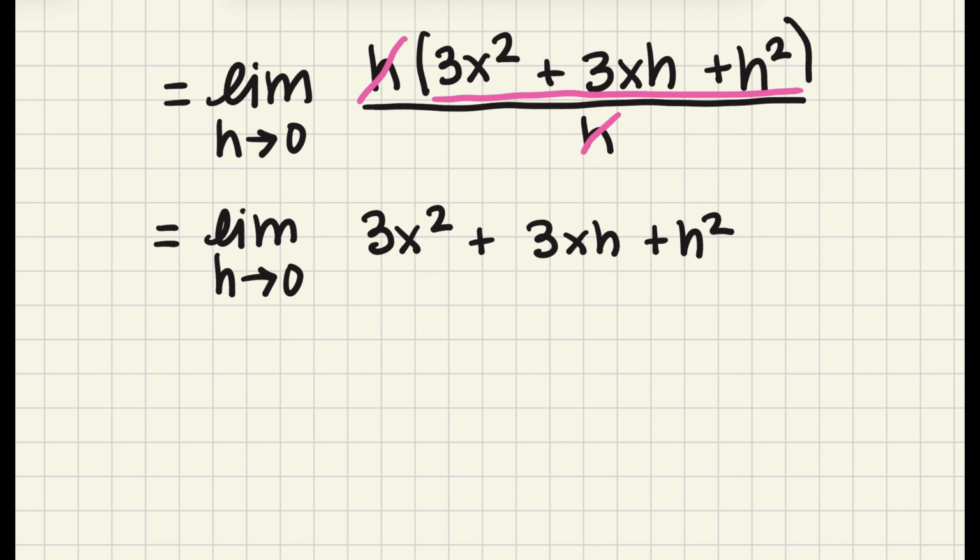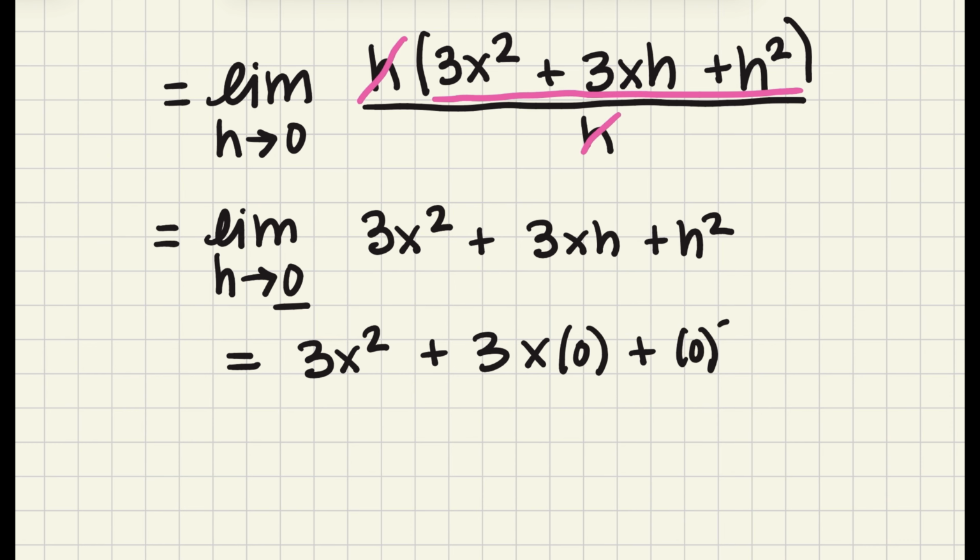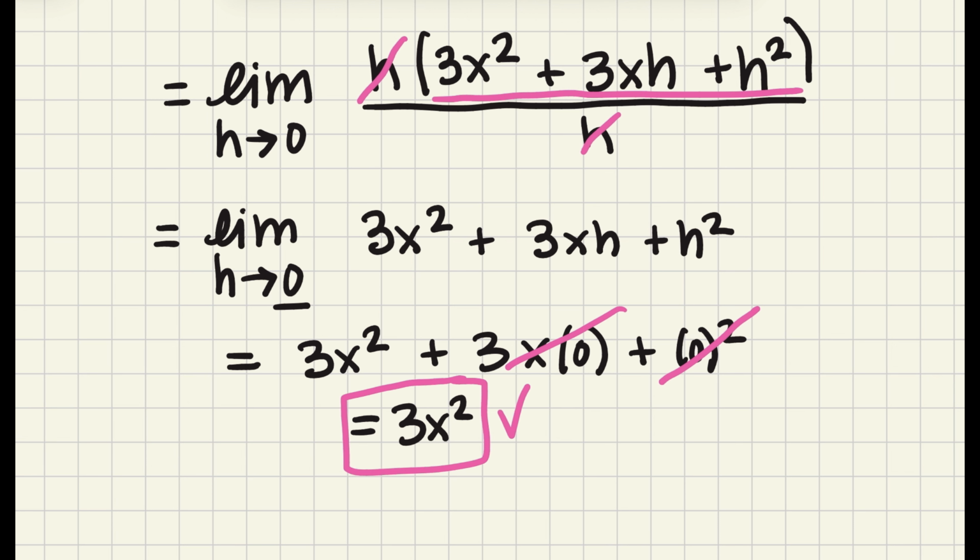So what we're going to do is anywhere that you see an h, we're going to plug in a 0, which is going to look like this. 3x squared plus 3x times 0 plus 0 squared. So 0 squared is just 0, and 3x times 0 will leave us with 0. So we're left with 3x squared. This will be our final answer.